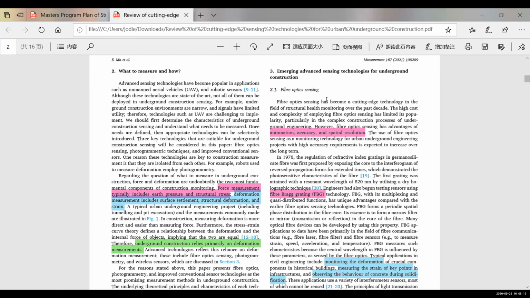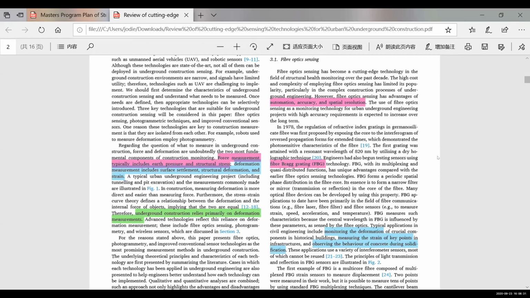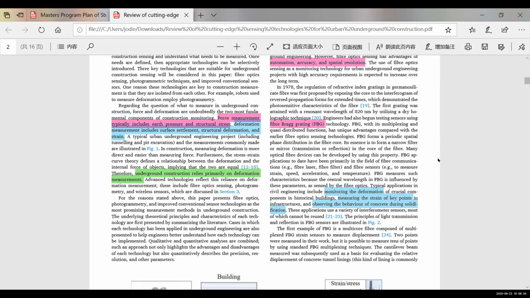The first one is fiber optic sensing. The advantages of fiber optic sensing are automation, accuracy, and spatial resolution. The first kind of fiber optic sensing is fiber Bragg grating, FBG technology.